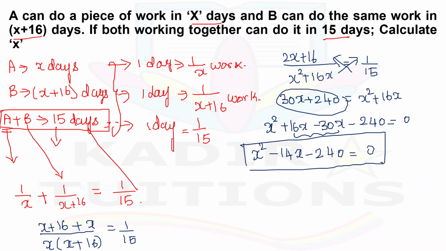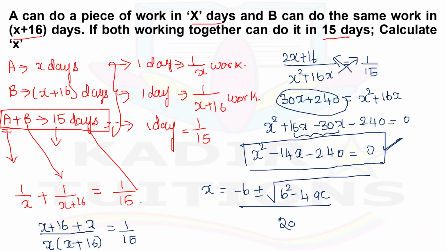We are going to solve this quadratic equation either by the factorization method, but whenever you have big numbers, we will be using the quadratic formula, right? So x equal to minus b plus or minus square root of b square minus 4ac, divided by 2a. Where a is the coefficient of x square, b is the coefficient of x, and c is a constant.